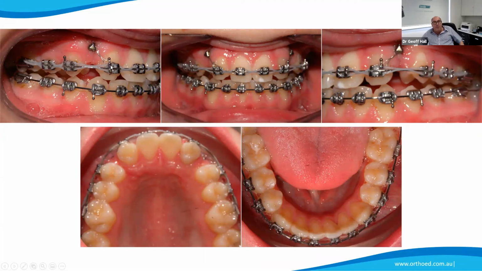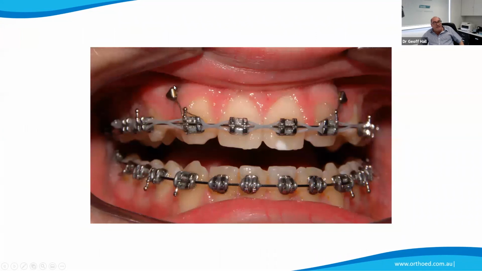So because Mum wanted no implants in the future or no restorative replacement of those missing teeth, we had to use minimum anchorage, and that's the useful part for TADs or micro implants. This is the type of thing for minimum anchorage and for maximum anchorage where micro implants can be useful.